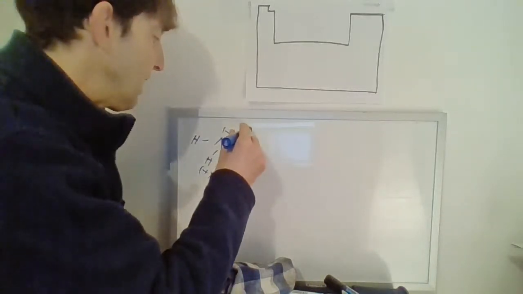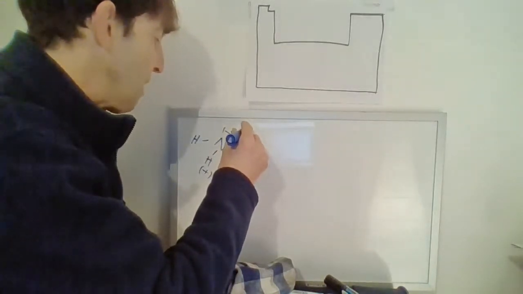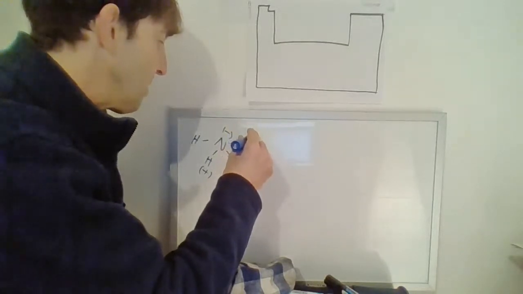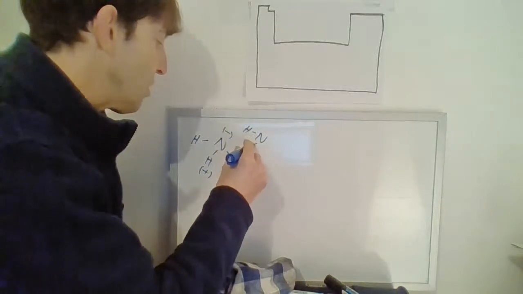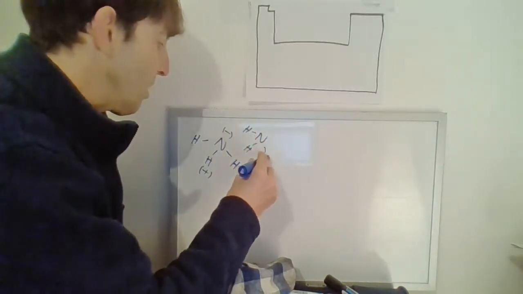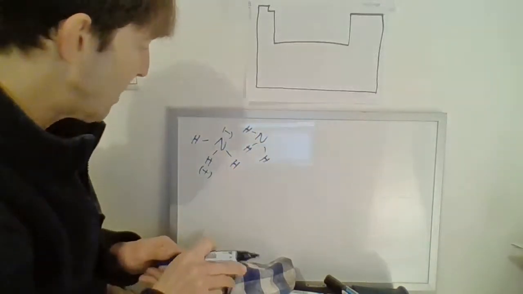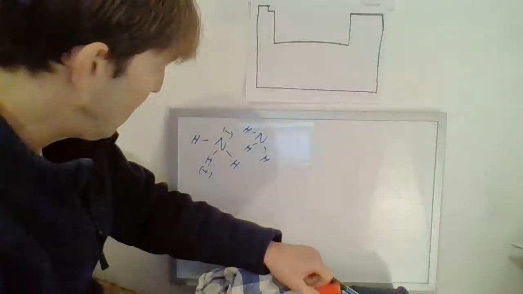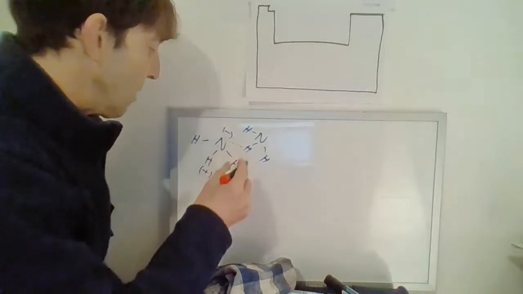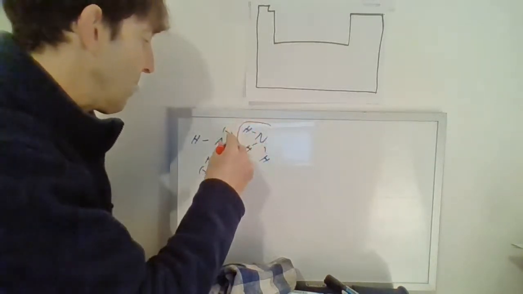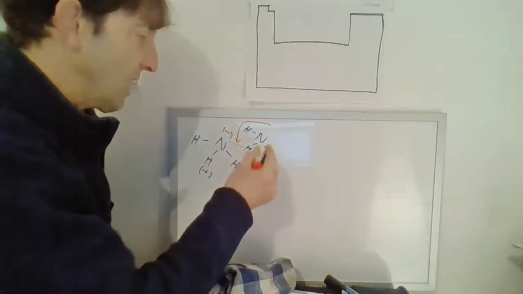If I draw another one floating around next to it, N, H, H, H, between the negative end here and the positive end, I get some hydrogen bonding between the N and the H's in the next one.